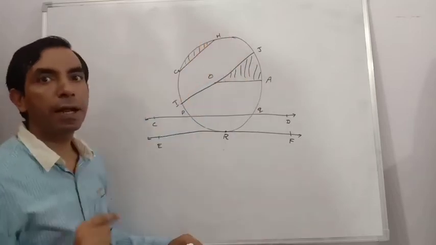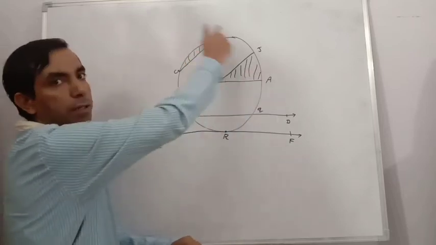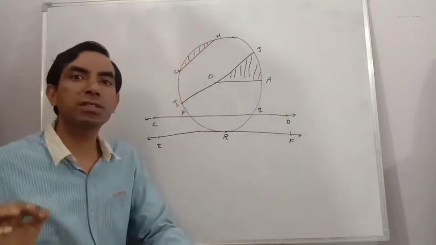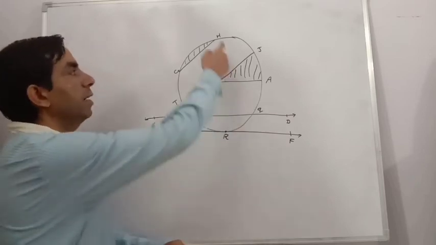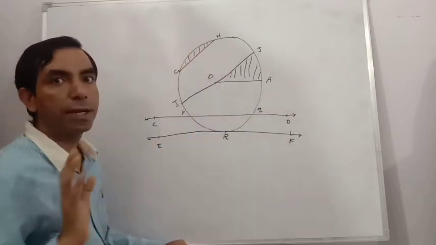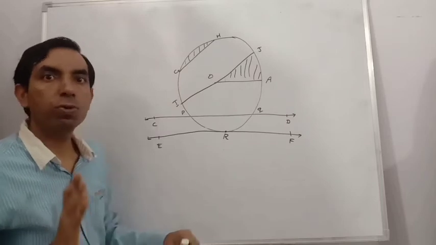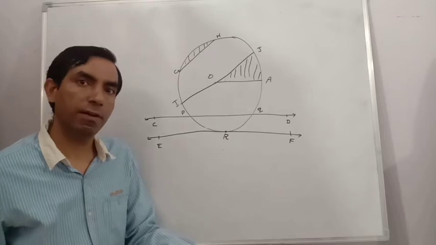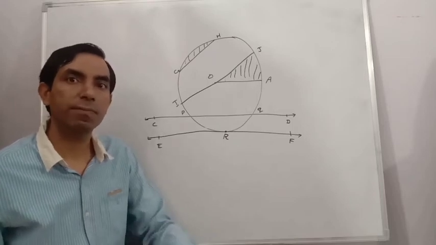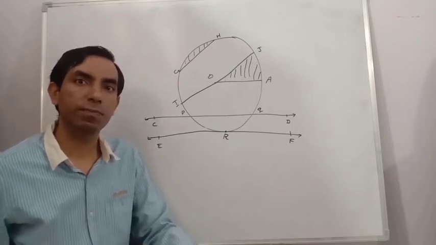If we run around the whole circle, we cover a fixed distance, that is called circumference of circle. And the inside part is called area of circle. So today we solve only area of circle and circumference of circle. So let's start the first question.